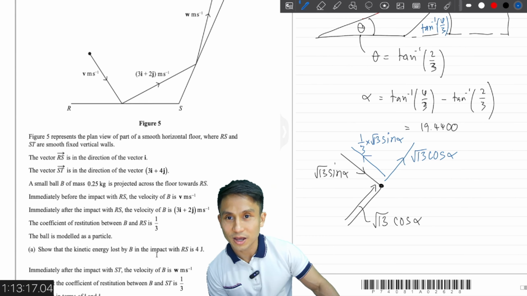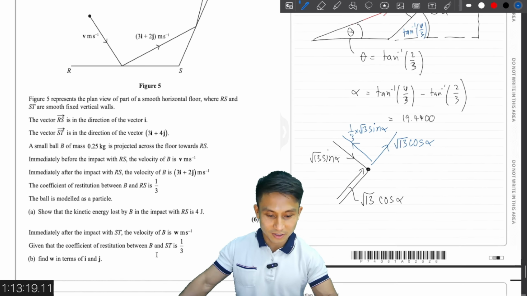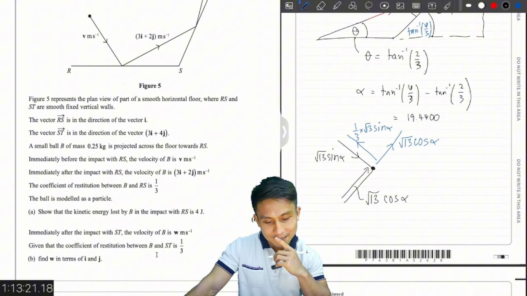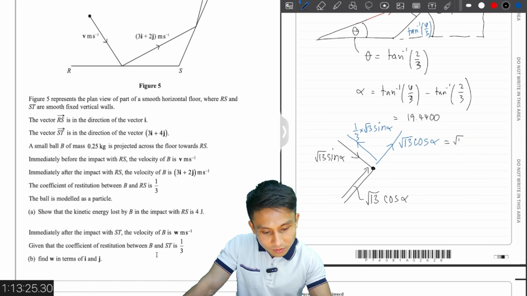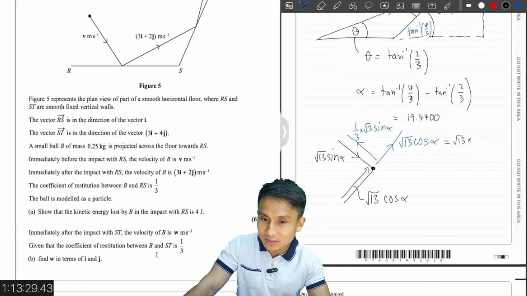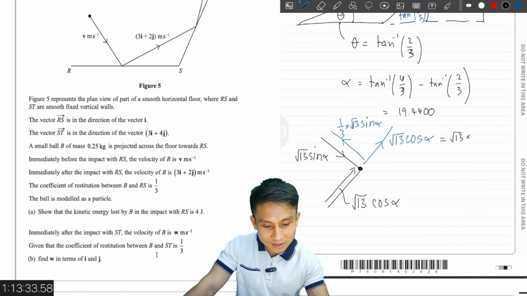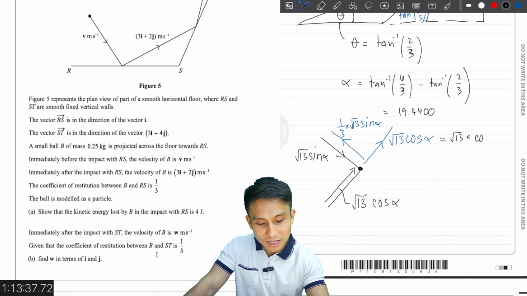Simple. Now we want to find the W, right? So basically, this will be equal to root 13 times, it's not going to be a nice number here, we can't make it too nice. Cos of, let's put that in the calculator.